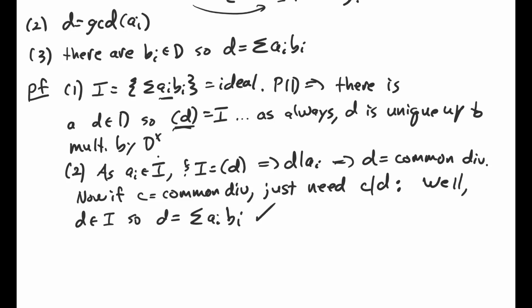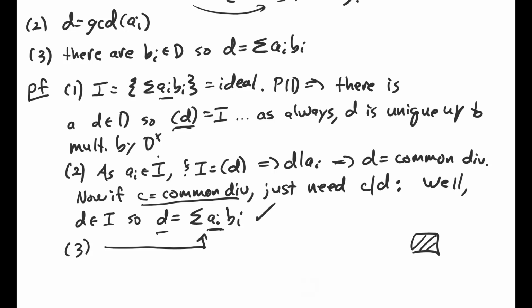Well, d is in the ideal, so d can be written as a linear combination of the A sub i's with coefficients B sub i, and since c is a common divisor, it divides all the A sub i's, therefore it divides any linear combination of them, therefore it divides d, and we're done. So no problem there. d really is the greatest common divisor. And for 3, well, I guess we already did it. All right, so that's the end of the lemma.